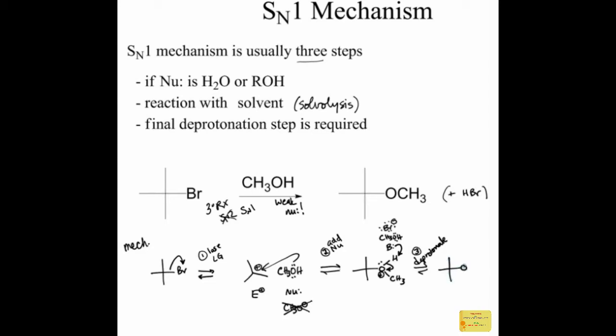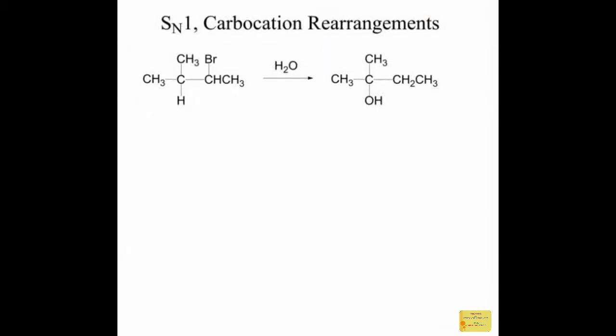Okay, proton transfer reaction, always 2 steps. 2 arrows. Grab the proton, leave the electrons behind, and now we have our neutral product. Okay, so this is going to be a little more common for an SN1 because usually our nucleophile is not something negatively charged. Usually our nucleophile is neutral. So after it adds to the carbocation, it now will have a charge, and we have to do a 3rd step to get rid of that charge.